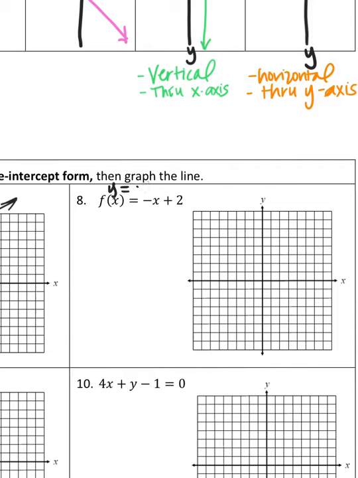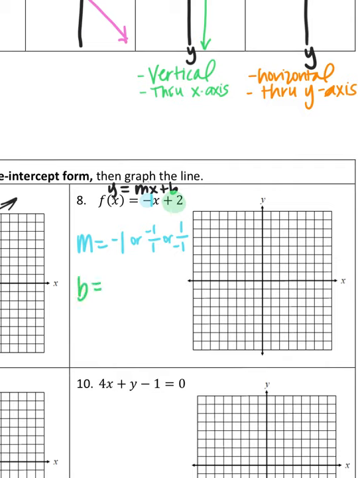Let's go ahead and highlight our slope and our y-intercept. m equals negative 1. We can pretend there's a 1 there, or negative 1 over 1, or 1 over negative 1.